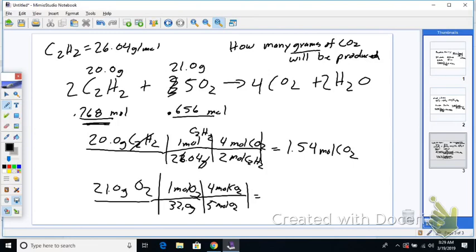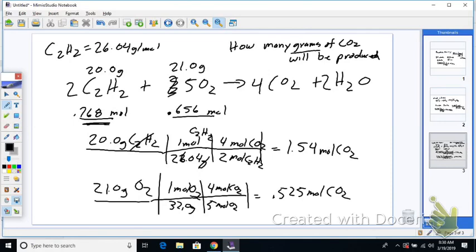If the 21 grams are all used up, and we said that was our limiting probably, we could make 0.525. So we have just proven that oxygens are limiting, right? So if it asks you which one's limiting, you just have to go to moles of the product that they're asking you about.